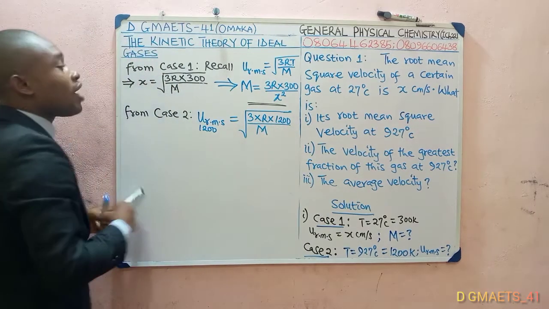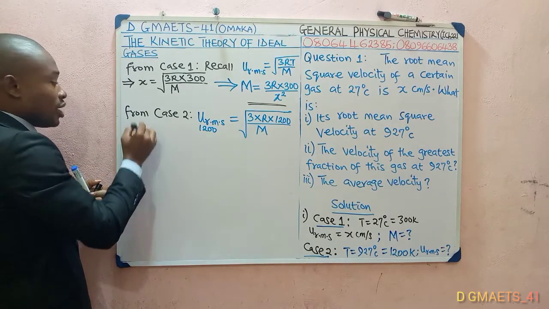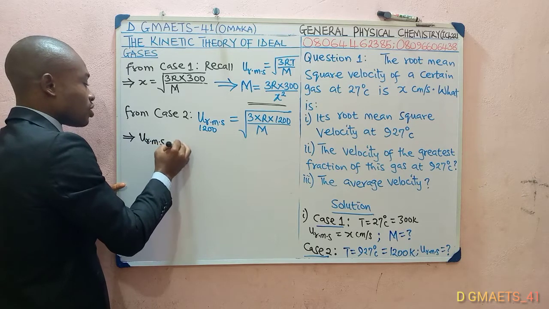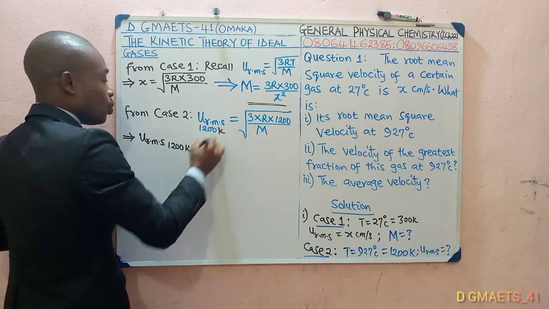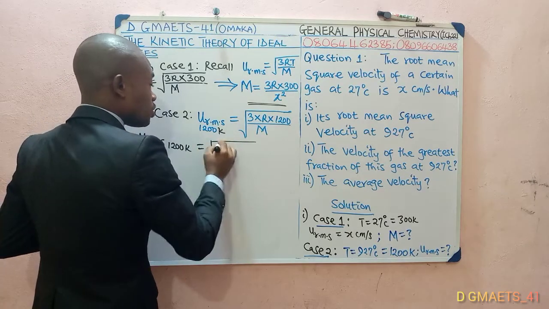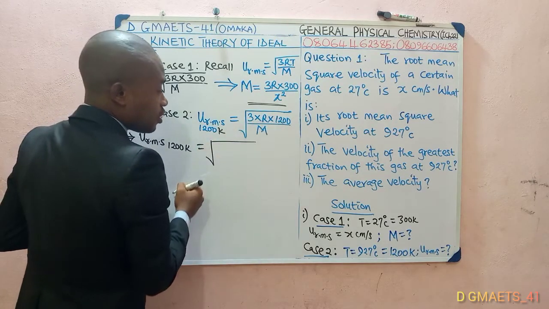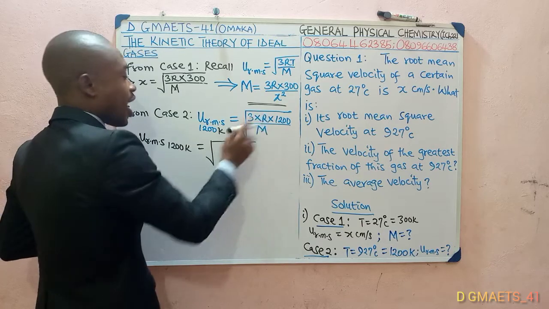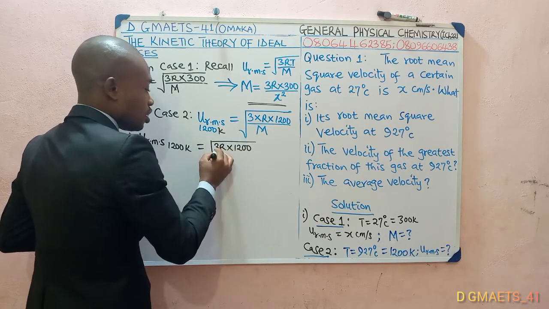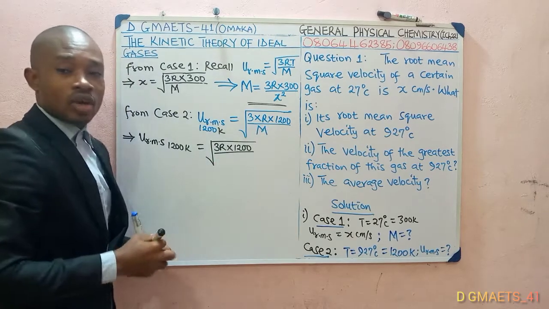And the molecular weight will have the value already, so it implies that the root mean square velocity under that case at 1200 Kelvin will now be equal to the square root of 3R times 1200 all over the molecular weight.